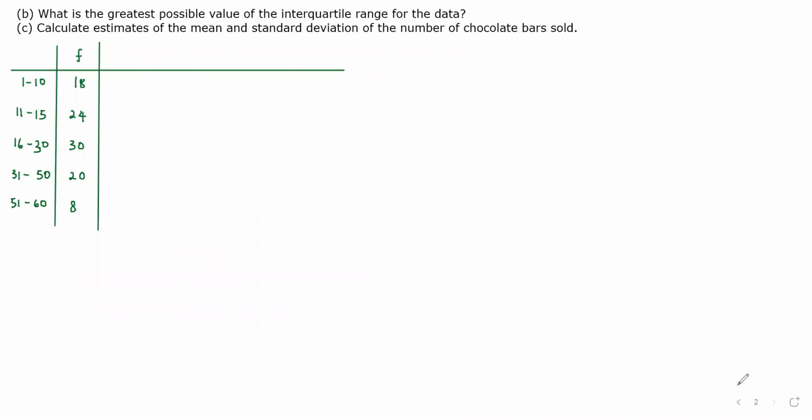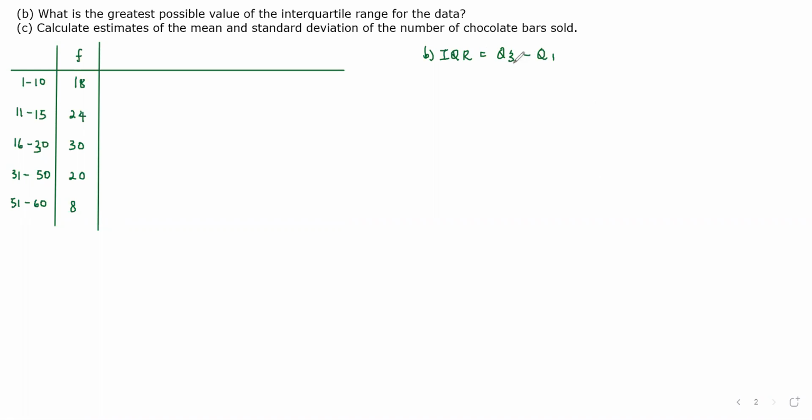For part B, you want to calculate the greatest possible value of the interquartile range for the data. The interquartile range is the difference between the third quartile and the first quartile.